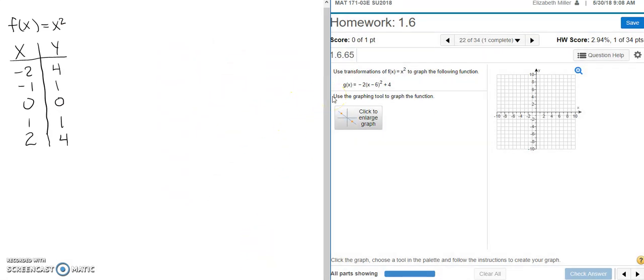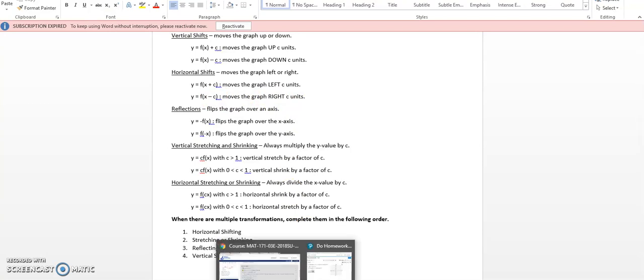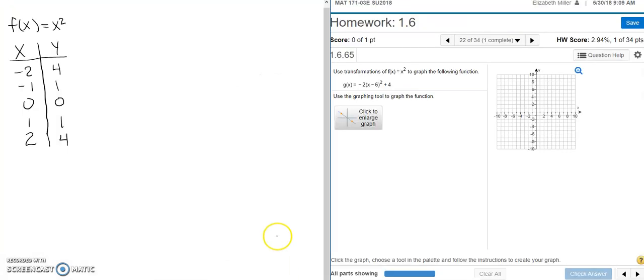This -6 on the inside is the horizontal shift. If we go to our rules, subtracting a constant c on the inside moves the graph right c units. So we need to move right 6 units.